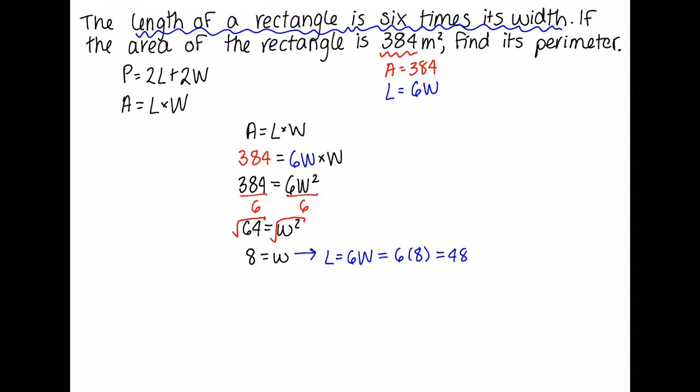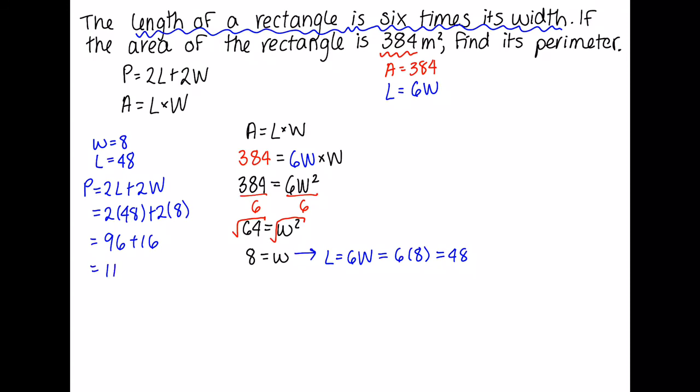So at this time we have that w is equal to 8, L is equal to 48, and then we're plugging it into the perimeter formula, 2L plus 2W. So we have 2 times 48 plus 2 times 8. So we're going to have 96 plus 16, which is going to give us 112.